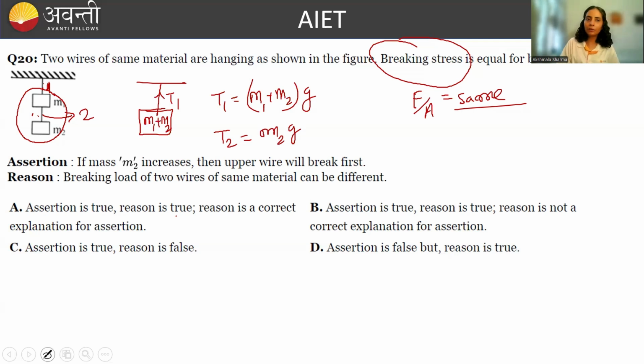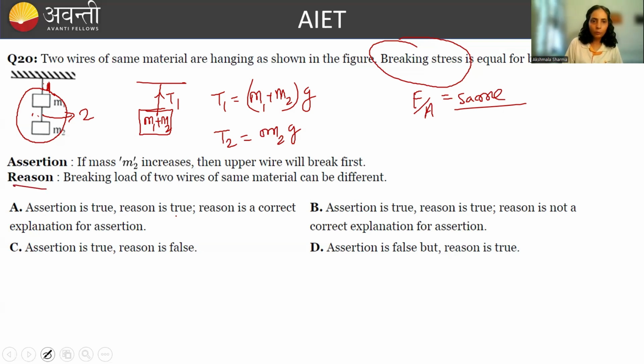So if their area of cross section is the same, then definitely if M2 is increasing, there will be more chance that the first wire will break. But if area of cross section is not the same, then we cannot compare, right? So the statement that if mass M2 increases, the upper wire will break first, will be true only when the area of cross section of both wires is the same. That is not given in the question, so we cannot say anything.